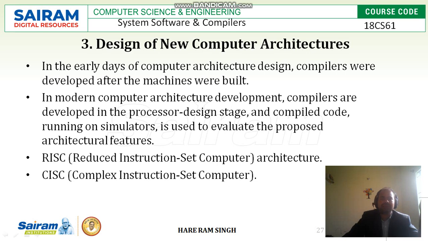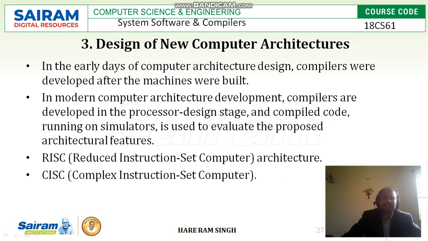The compiled code running on simulators is used to evaluate the proposed architectural features. The compiled code runs on the simulator, and the proposed feature of the computer is evaluated. The different computer architectures we have are RISC and CISC. Nowadays we have the reduced instruction set computer architecture, but earlier we used to have CISC, complex instruction set computer.